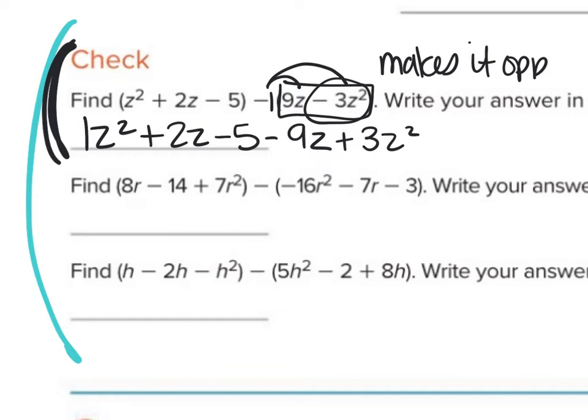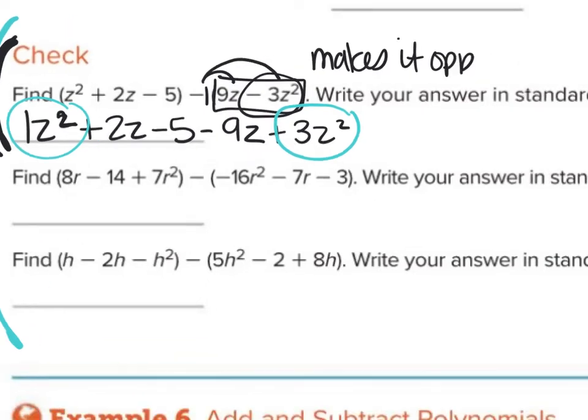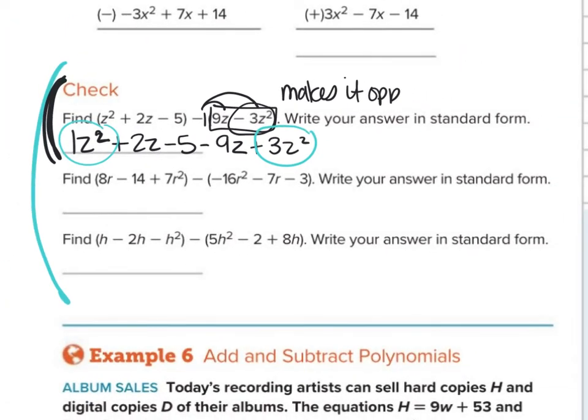Then what would be our biggest exponent there? What's the biggest exponent? The first one. Do you see how this one has a 2? So there's no 3's, right? So if we put this with it, what would that be now? So 1z squared plus 3z squared.